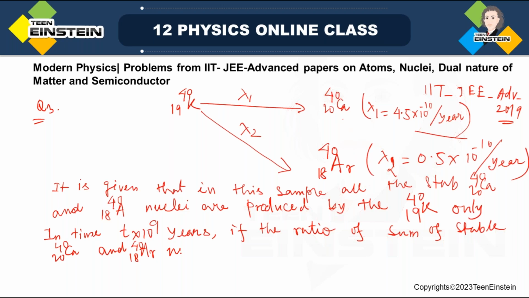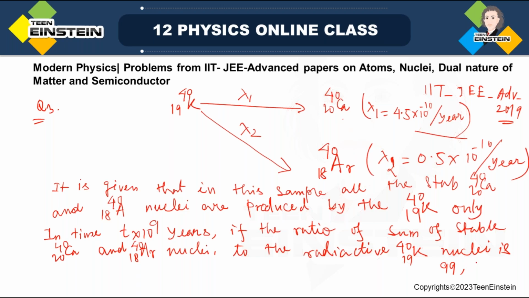Nuclei to the radioactive residual, that means residual radioactive, okay, 4019 nuclei is 99.